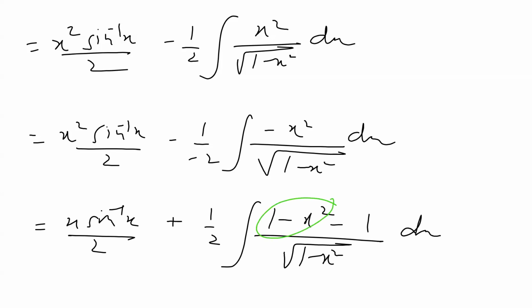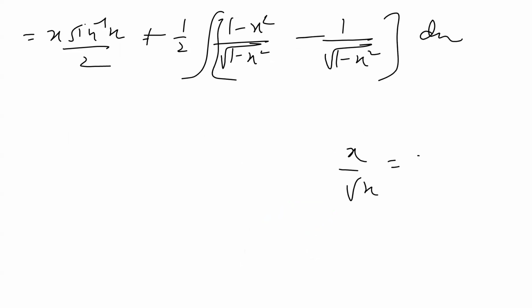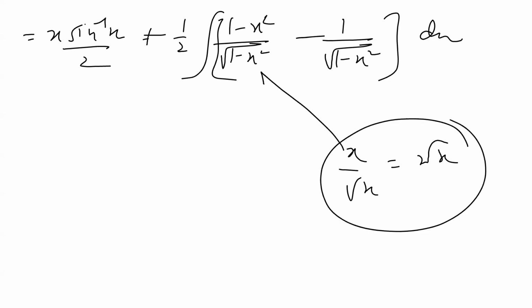Okay. So this upon this minus this upon this. So x sine inverse x by 2 plus half, 1 minus x square upon root 1 minus x square minus this. Now x upon root x is root x. That concept I'll apply over here.